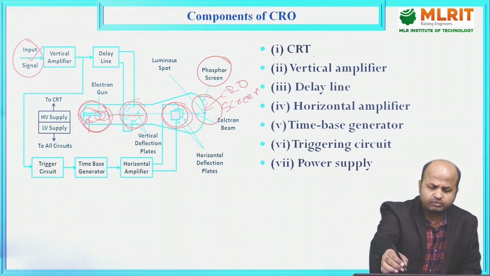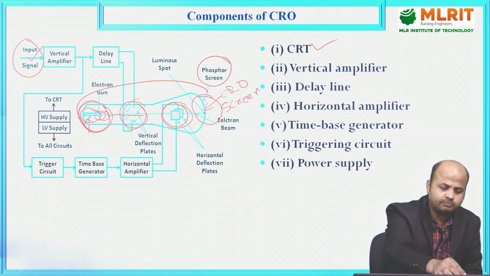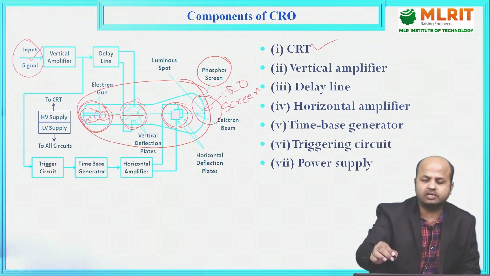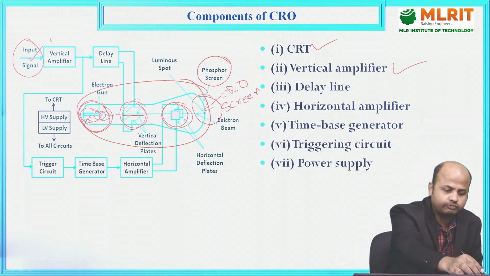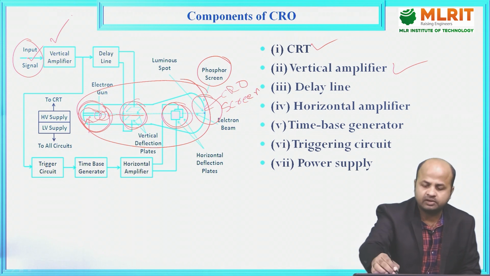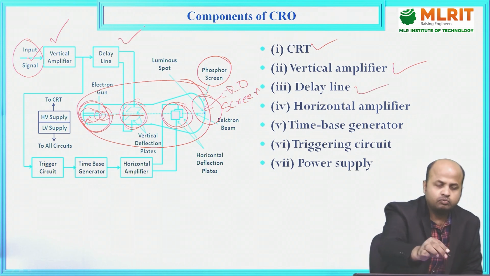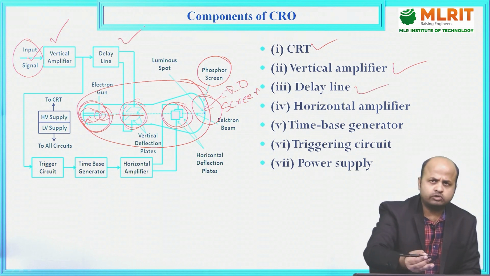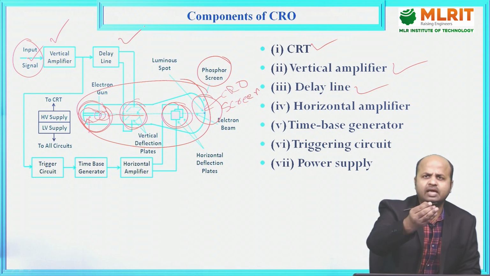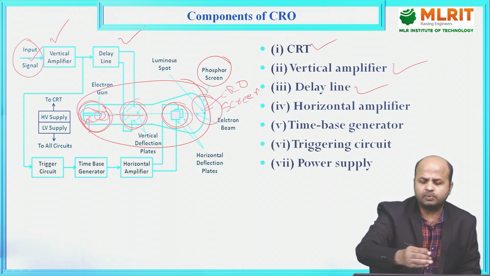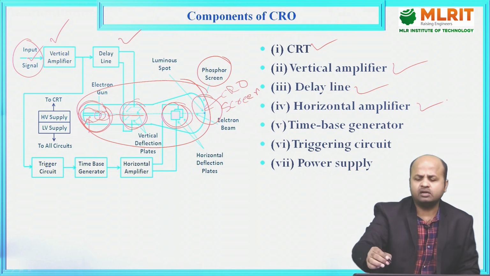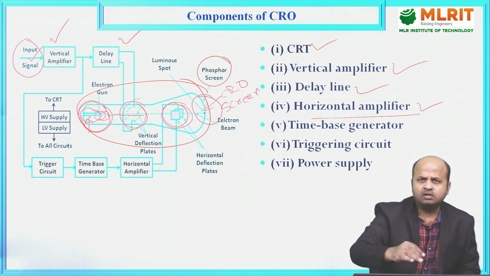So in detail we can say that a CRO consists of CRT. This whole setup is called CRT. A vertical amplifier is there. Delay line is there, which is used to synchronize the horizontal axis movement and vertical axis movement of an electron beam. Horizontal amplifier is given to the horizontal plate.